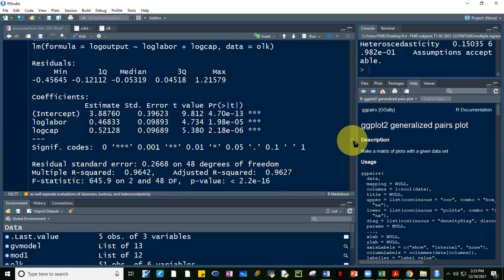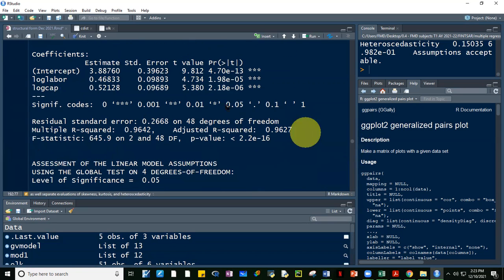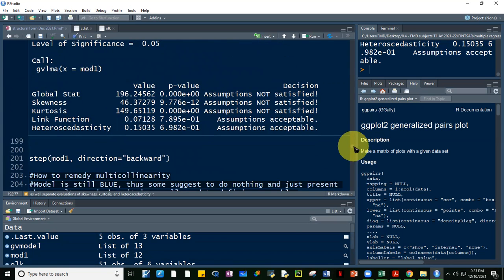Okay, so you'll have several outputs here. It ran the regression, the same as above earlier. And then here it says, as far as skewness is concerned, our residuals are not normally distributed. As far as kurtosis is concerned, also not. But what we're looking at first now is heteroskedasticity, in terms of our residuals, whether they are constant.